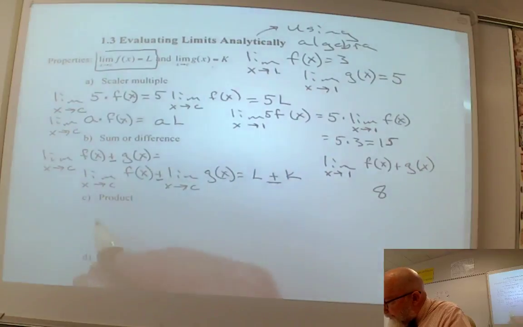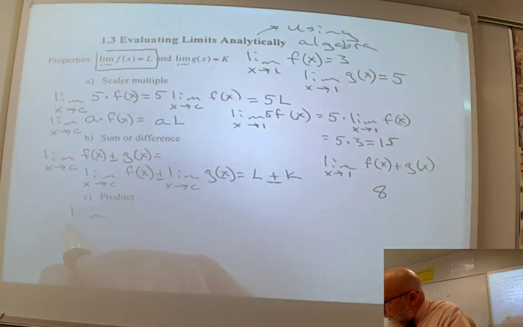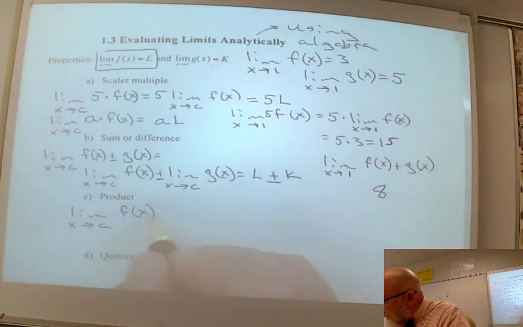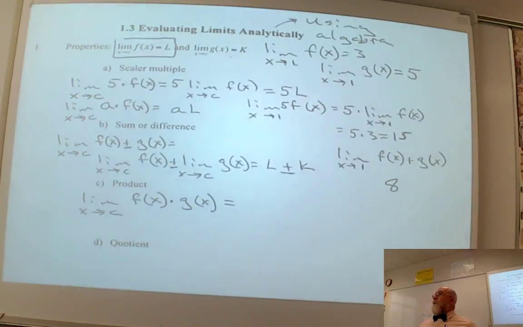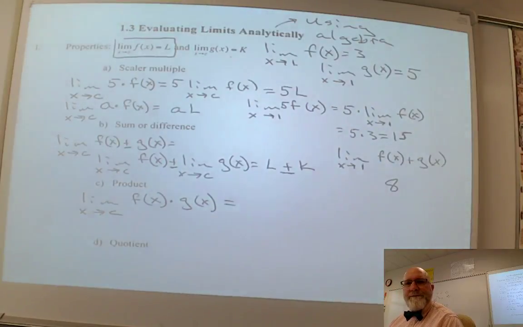So if I have this, the limit as x approaches c of f of x times g of x, what do you think you get? Who wants to take a risk? Aaron.